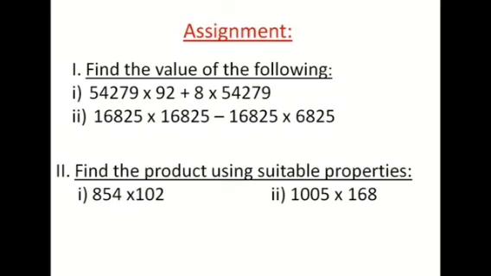Before explaining the assignment, I want to tell you one thing. Whatever properties you have learned till today, please go through every day, because you need to be very much clear with the concept and you need to recollect while doing the problems. So please work on that.